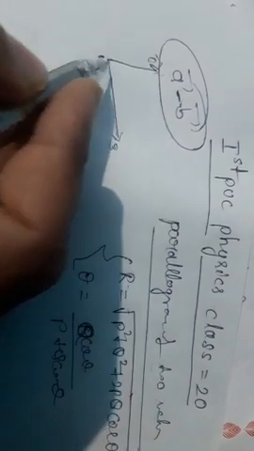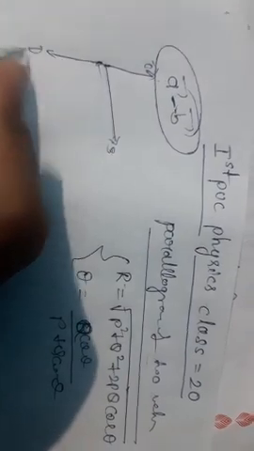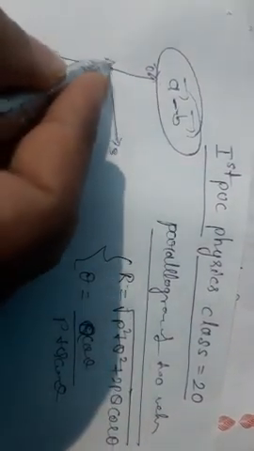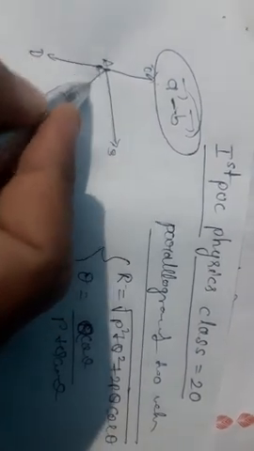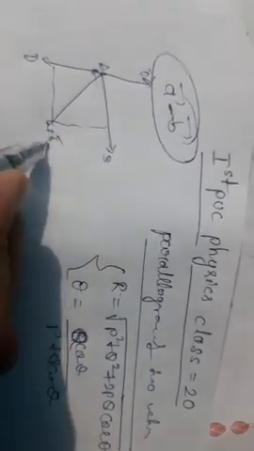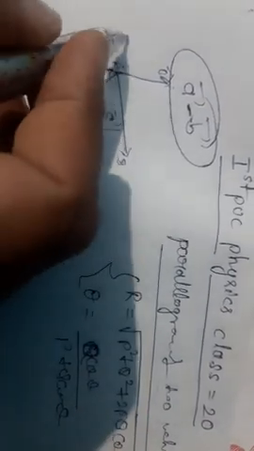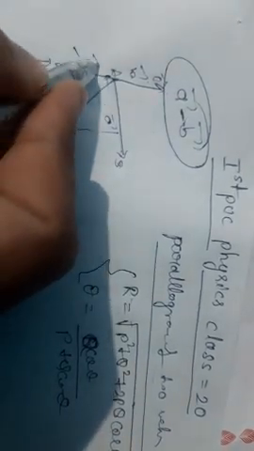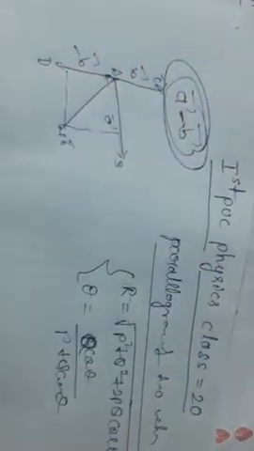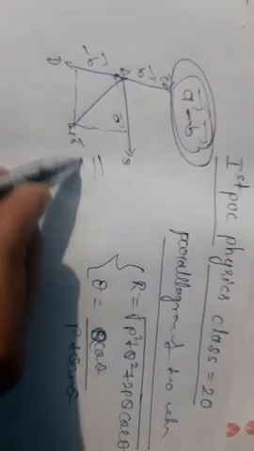The inverse of OC is in the negative direction, that is vector D. E is called the resultant. If the line AB is taken as vector A, the line AC is taken as vector B. The inverse of vector B is negative B. The difference of any two vectors is called the subtraction of a vector.